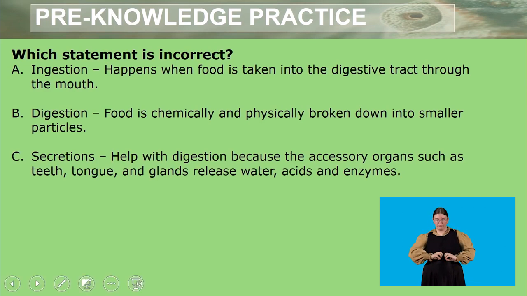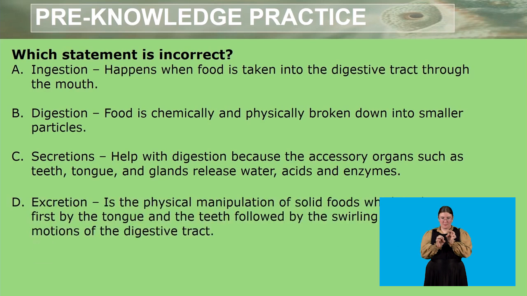And then we look at the third statement, which is secretions. Here, secretions help with digestion because the accessory organs such as teeth, tongue, and glands will release water, acids, and enzymes. And this is what also helps with breaking the food down into smaller particles.